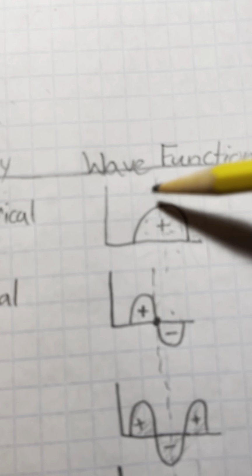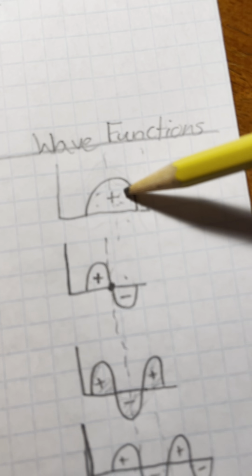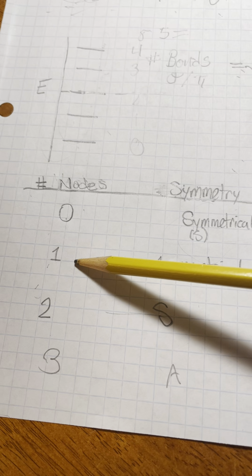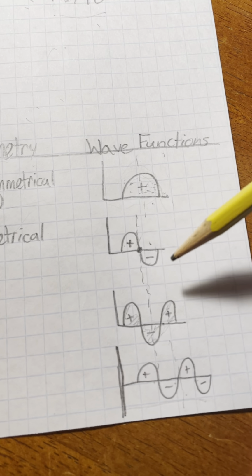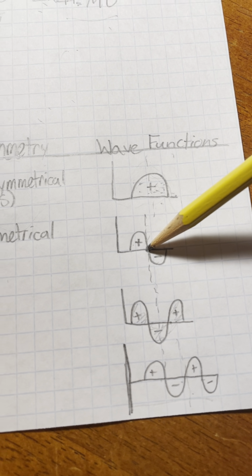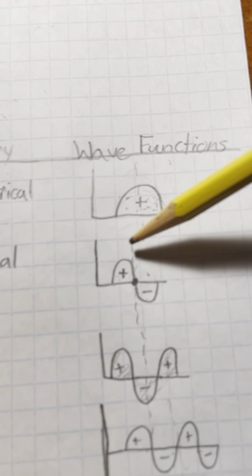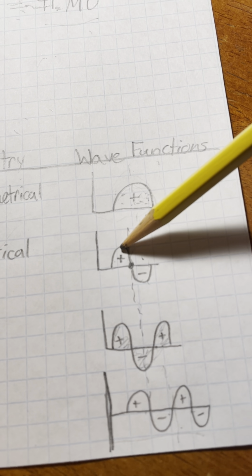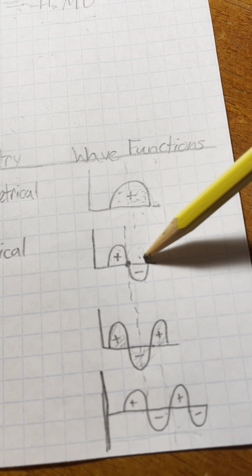If you put your hand on this side, it'll look the same right here. Therefore, it's symmetrical. Here, there's only one node because it passes once, so the node is there. It's asymmetrical because when you split it down the middle, there's one up here, one down here, rather than it being a mirror side by side.